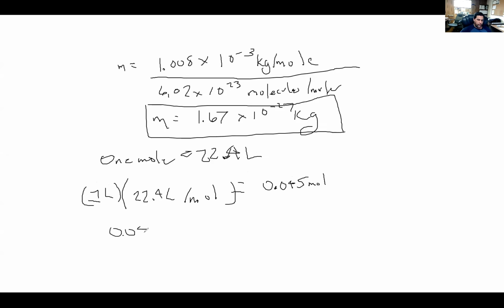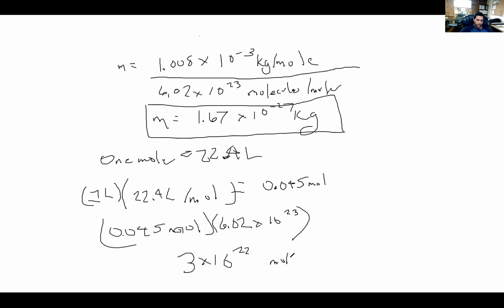So if we have 0.045 moles, and we multiply this by Avogadro's number, 6.02 times 10 to the 23rd molecules per mole, you get 3 times 10 to the 22nd molecules in a 1 liter breath of air.